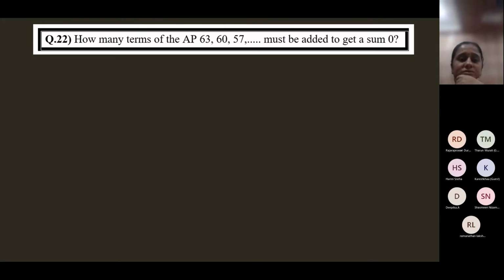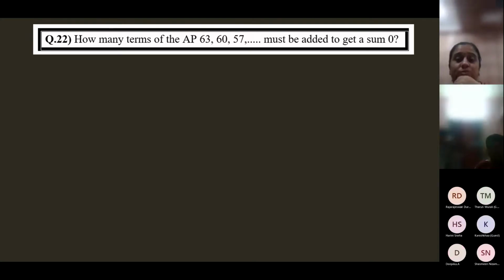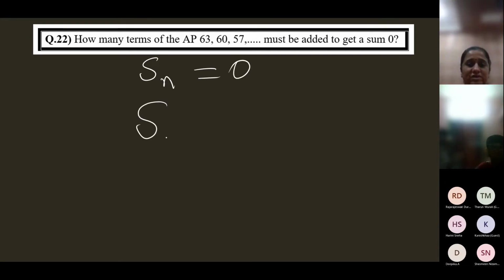Yeah, next one. How many terms of the AP must be added to get sum 0? That means the sum of the first n terms is 0.